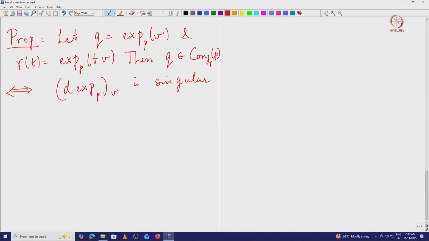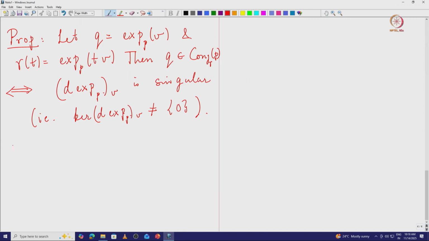When I say this is singular, that just means that the kernel is non-trivial. So conjugate points basically characterize the points where the derivative of the exponential map fails to be invertible.